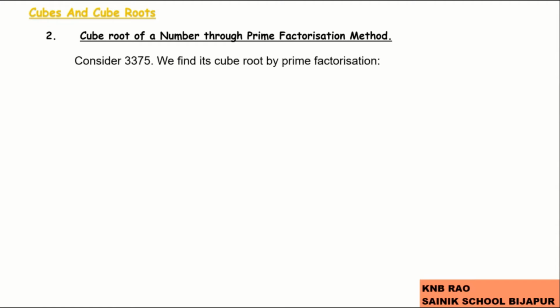Consider you have got 3375 given. Now you know how to find the prime factorization of it.